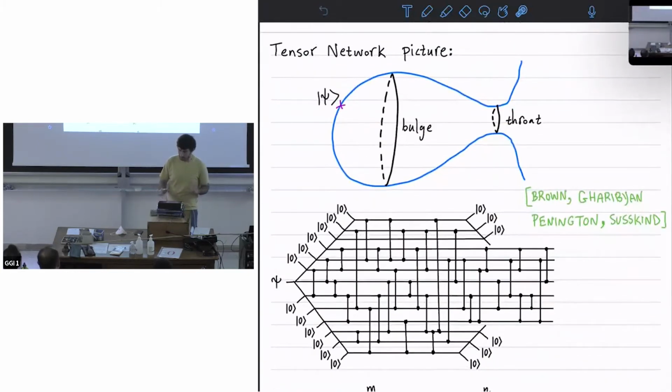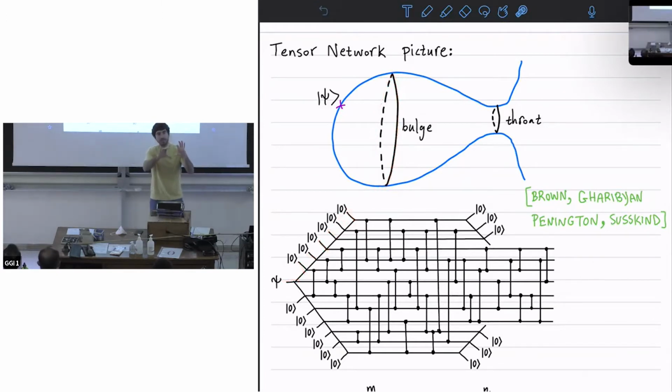What the authors do is represent this geometry in tensor network language. Imagine you want to embed the state of some qubit psi in the black hole interior into the boundary. You feed it into a tensor along with a bunch of other qubits representing the large area of the black hole at the bulge.